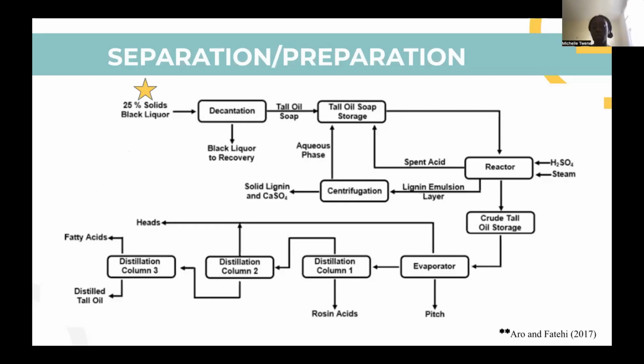That is all made into tall oil soap. This isn't really the tall oil that can be used in different fields. So it has to go through the reactor. The reactor is filled with acids and steam, and it basically heats up the tall oil soap. When left overnight, there are 3 layers that form.